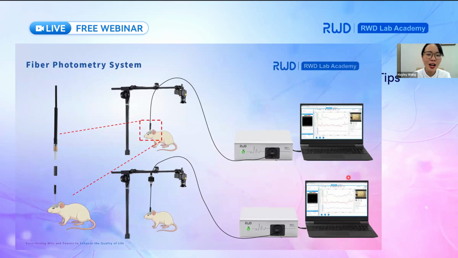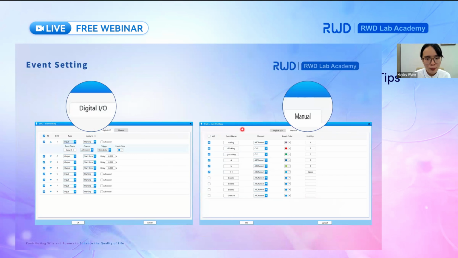After all the settings are ready, the next step is to connect the optic fiber to the implanted cannula using the sleeve. Then, based on the experimental design, we choose how to add the event markers. Event marking is important because it allows the fluorescent signal to be aligned with the stimulation or behavior during later analysis.